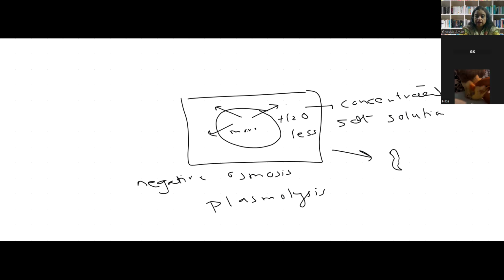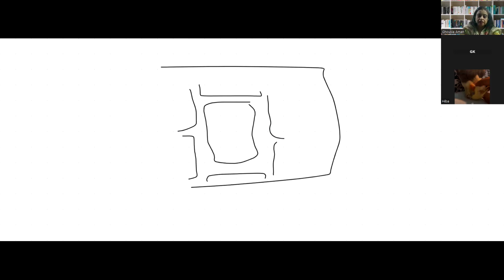Now see the case of the plant cell. So this is the plant cell, and the plant cell has a very rigid cell wall all around it. So there is a protective layer. Now we are dipping the plant cell in water. So water is more outside, less inside. Osmosis will start, water will get inside.